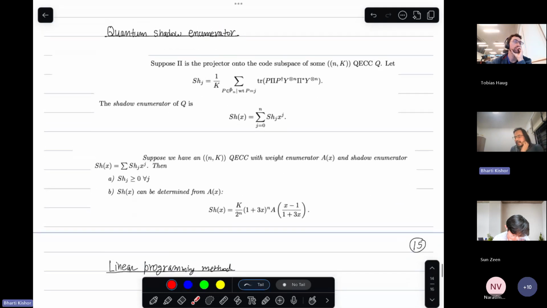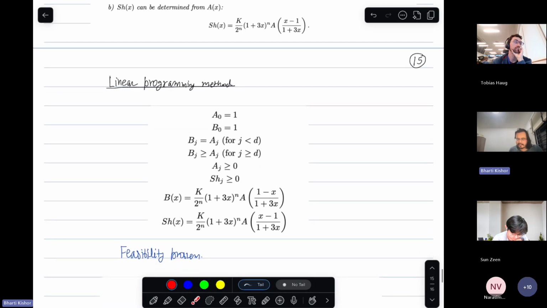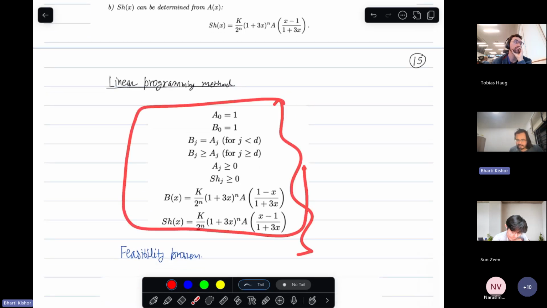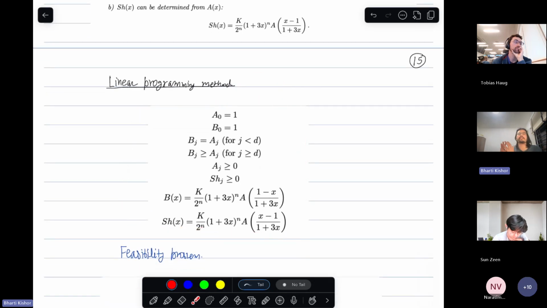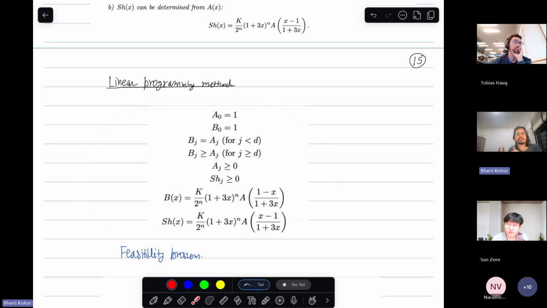You can also define another object called the shadow enumerator, and that also is related to your weight enumerator in some manner. So a bunch of constraints come up, and all the constraints are basically linear. There is a feasibility problem that you can solve. And let's say, given a parameter, there is no point in the feasible set, then you rule out those codes. So that code is not possible.